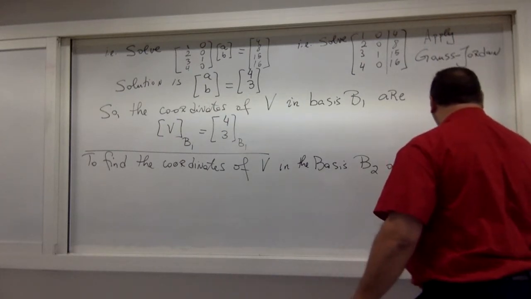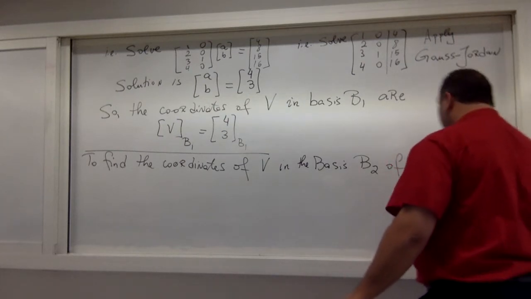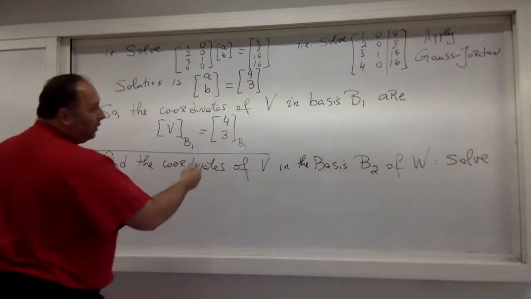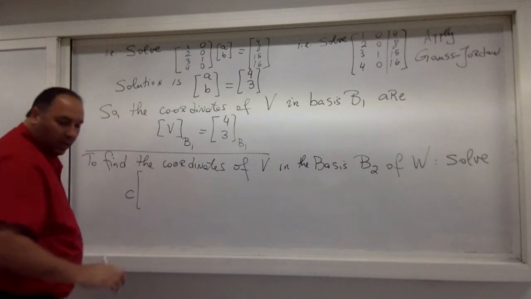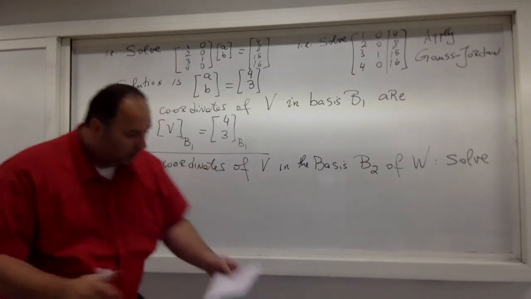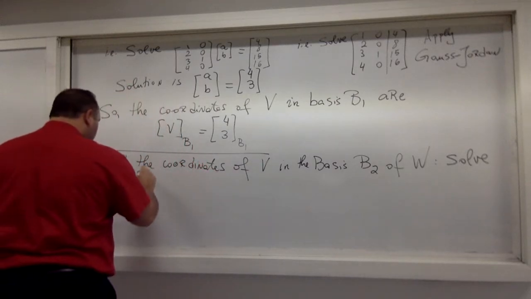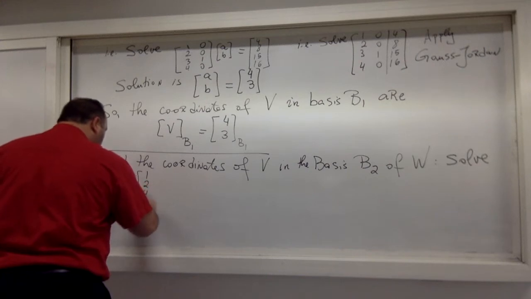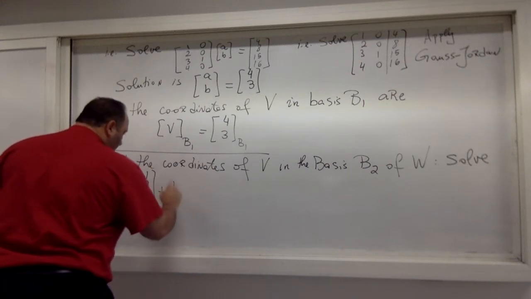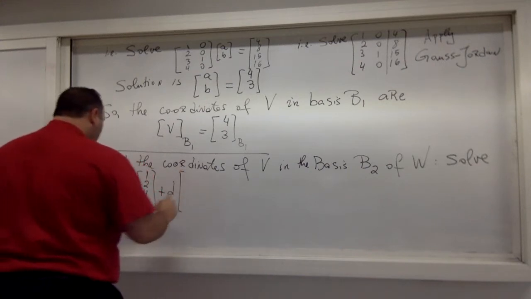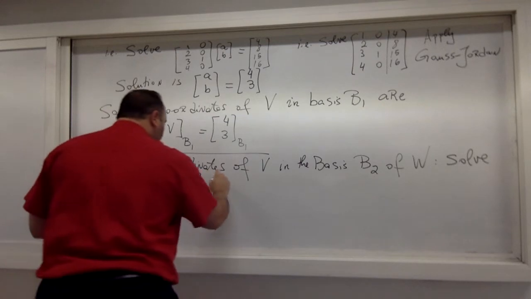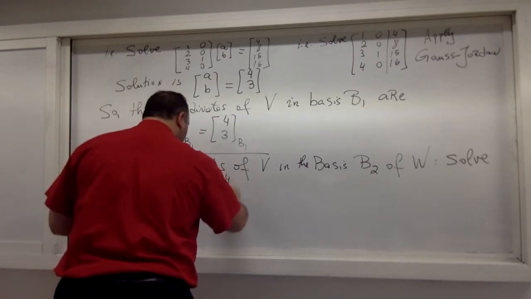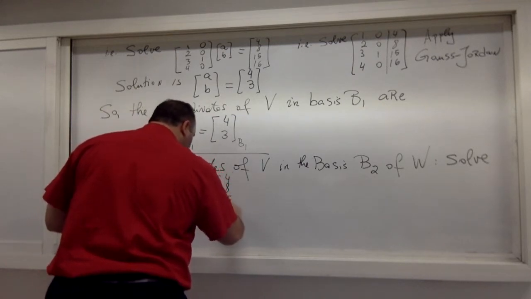All we need to do is solve. So we had A, B, I'm just going to change letters. So it's going to be C, and the first basis vector in B2 was 1, 2, 4, 4, and the other guy I'm going to call D, and the other vector was 0, 0, 2, 0, and my vector v was 4, 8, 15, 16.